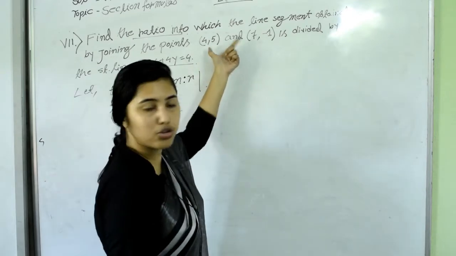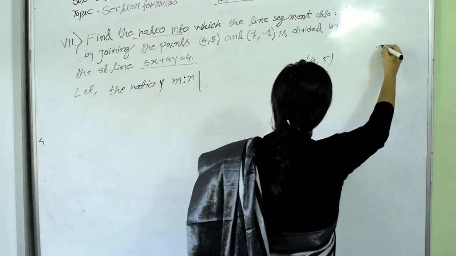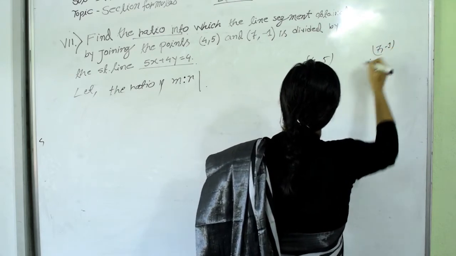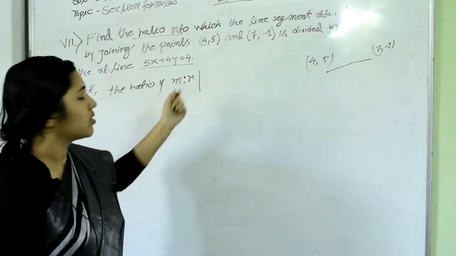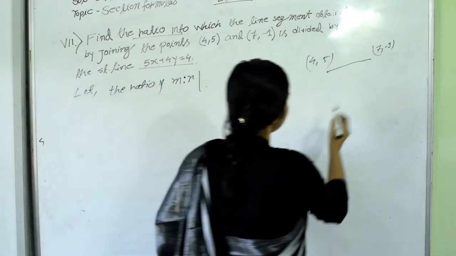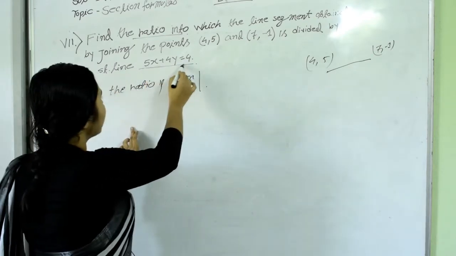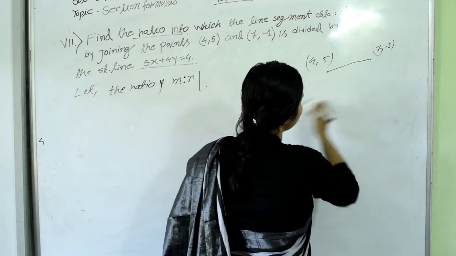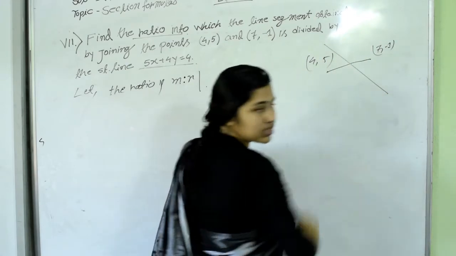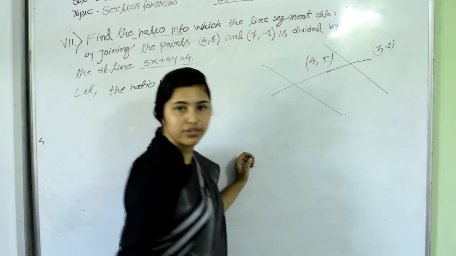Now these are the 2 points (4, 5) and (7, -1). Now here the point of intersection. Now look at here. The straight line 5x + 4y = 4 can divide this line segment either this way or this way, right?